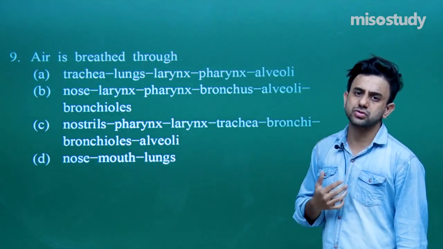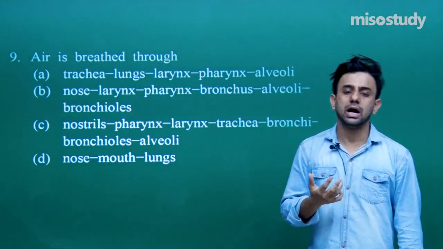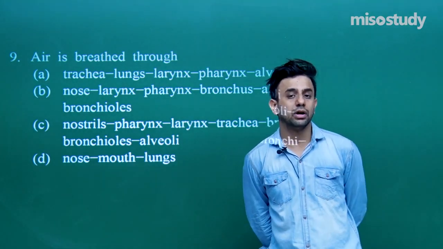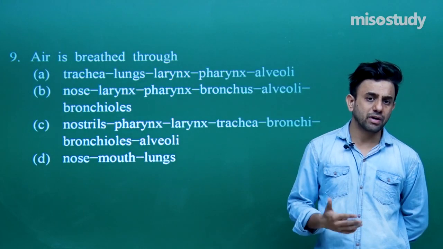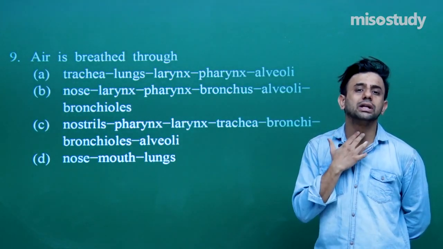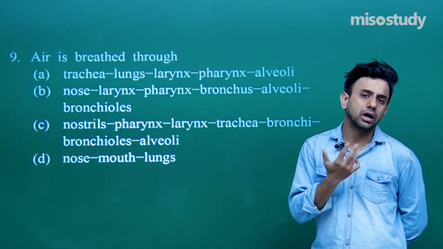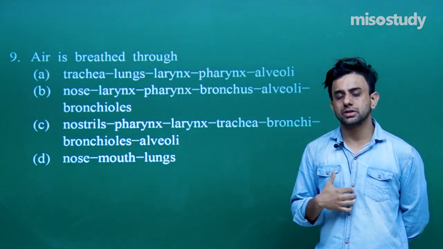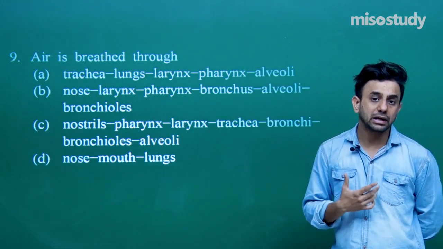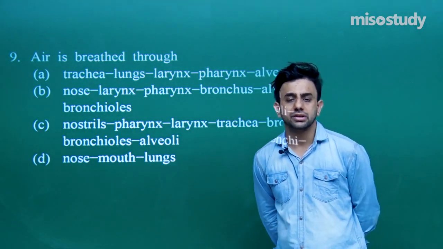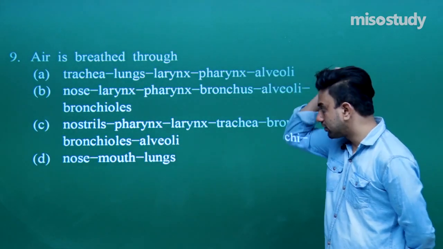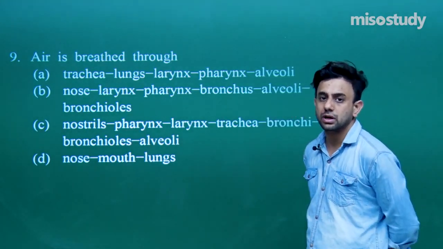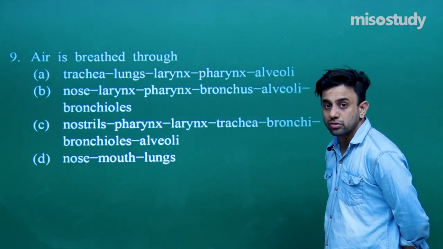It goes in through the nostrils, then to the nasal chamber, and then to the pharynx: the nasopharynx, the oropharynx, the laryngopharynx. After the pharynx, the larynx, the trachea, the bronchi, the primary, secondary, tertiary bronchioles, and then finally the alveoli. That is the whole pathway that the air follows.